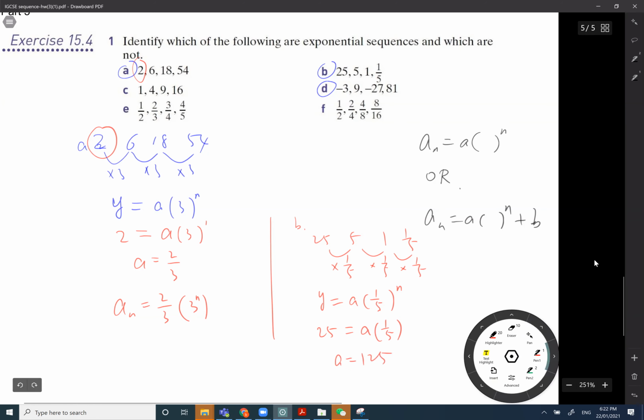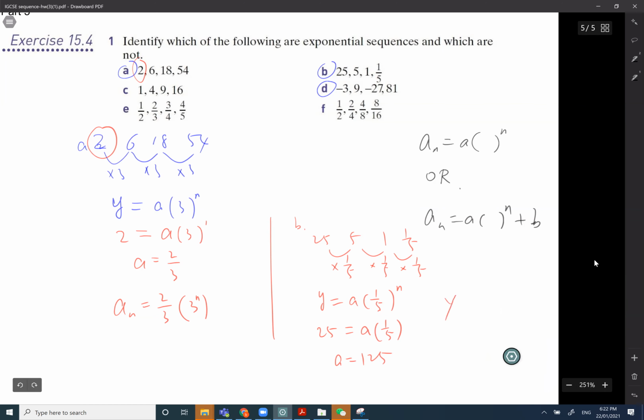So the answer, you can say y or an. A is just 125. Yeah, this bracket is okay on here. Doesn't matter. You need to calculate the power first.